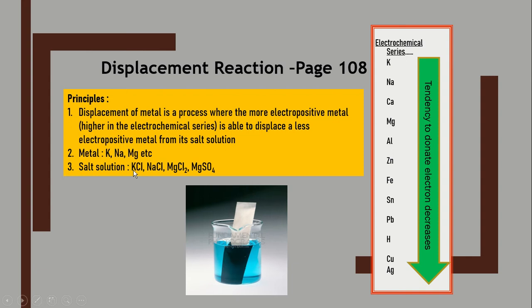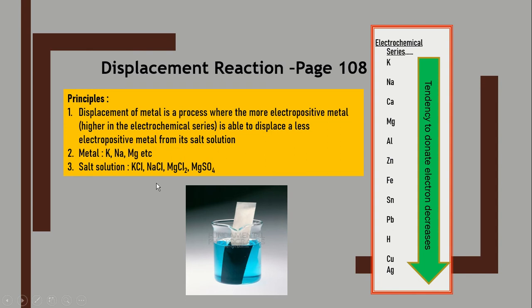So dalam ni ada K plus ion. Okay, NaCl. Ada Na plus ion. Magnesium chloride, Mg2 plus ion. Okay, so ini adalah metal, but dia berada dalam bentuk solution. So now kita nak displace dia, nak jadikan dia dalam bentuk metal atom.